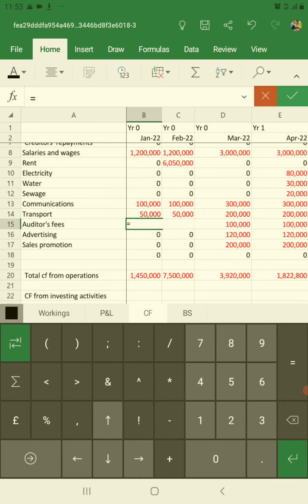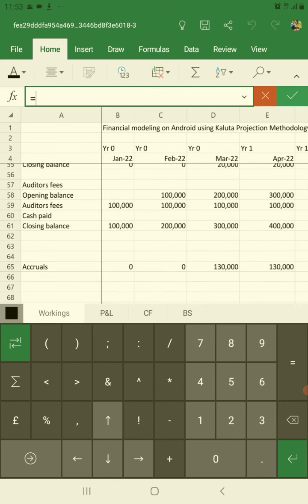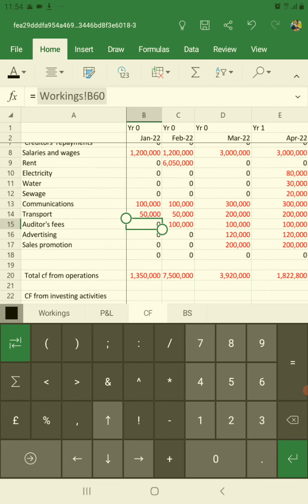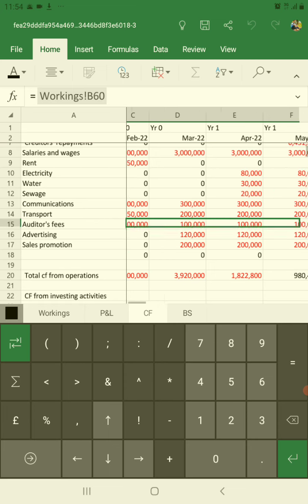Equal to, go to working, and then auditor's fee cash paid in January is here. Okay, and I just pick without starting with negative sign because cash paid here have already been modeled to be negative. So I enter and then fill this to the rest of projecting horizon.